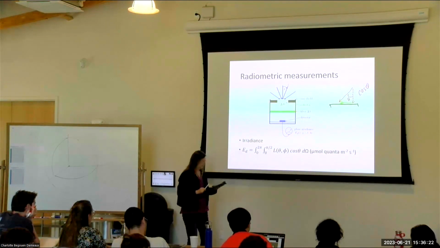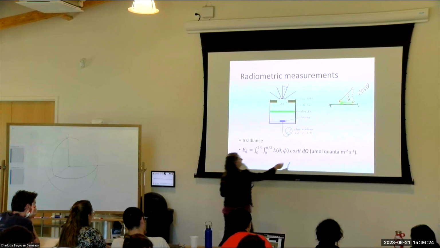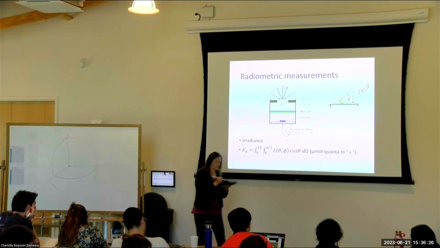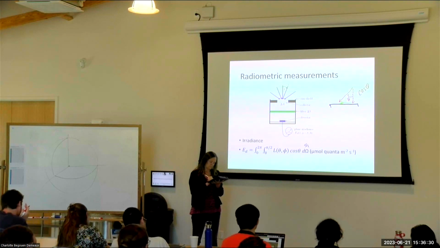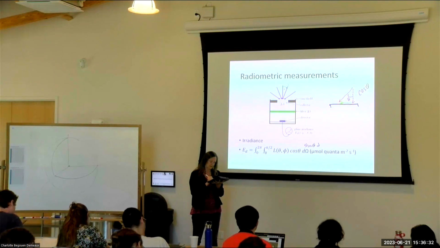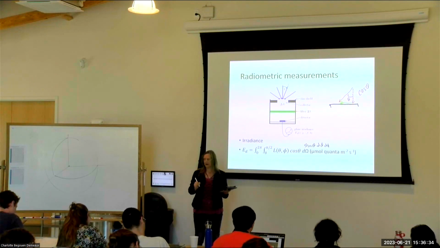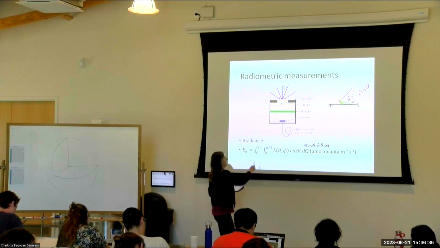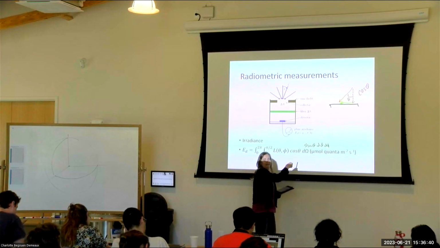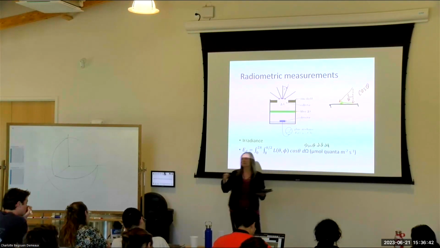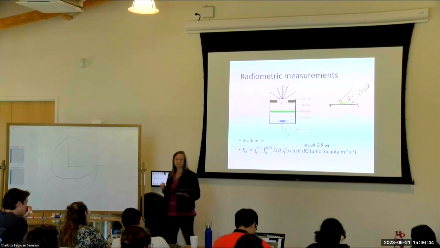So in order to shorten it, I just wrote the solid angle as d omega, but remember that d omega is really sine theta d theta d phi. So now what you're seeing is that you're integrating radiance times cosine times sine, d theta, d phi, and you have to keep track of that when you're integrating.